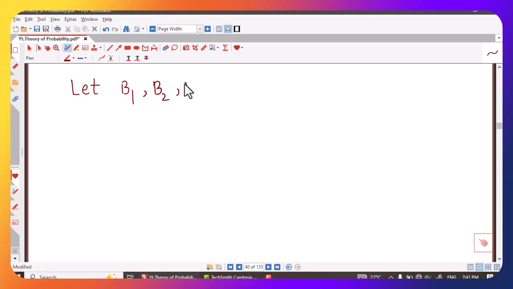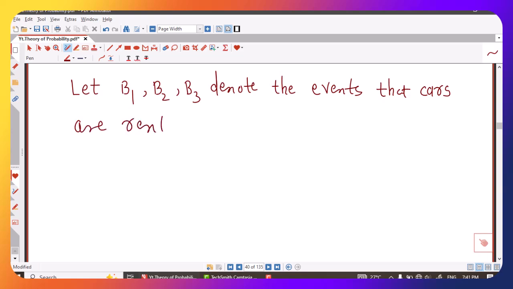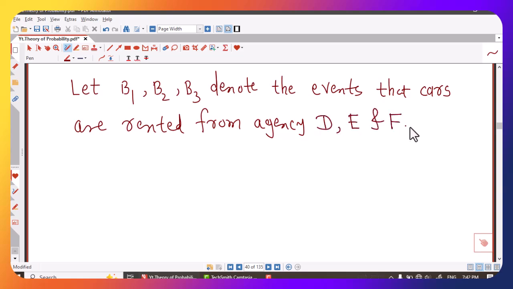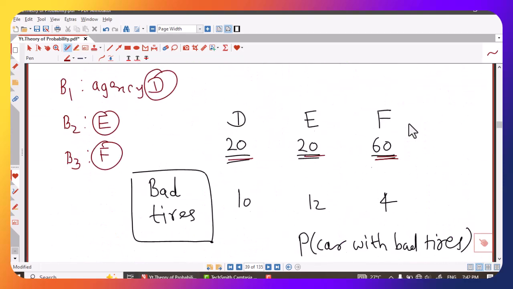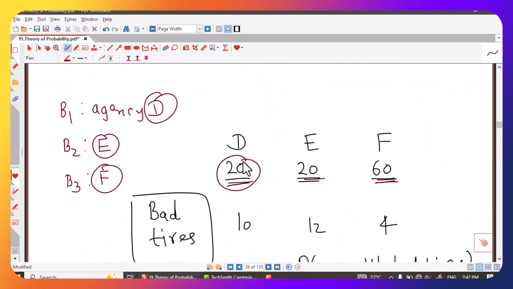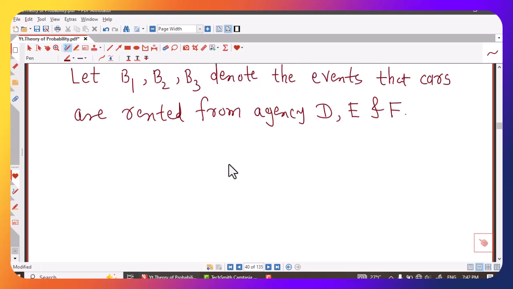Let B1, B2, B3 denote the events that cars are rented from different agencies denoted by D, E and F. Now it is given that 20% cars are from agency D, therefore probability of B1 will be 20 by 100, that is 0.20.